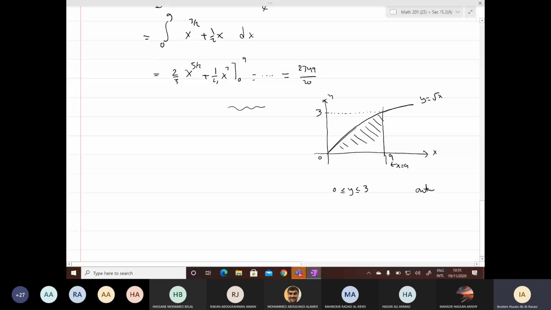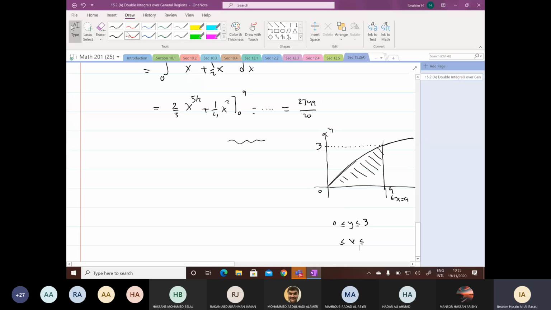Now the inner, we chose the outer as y, so the inner is x. For the x, you just go in this direction, left to right. Take a general point x, y.